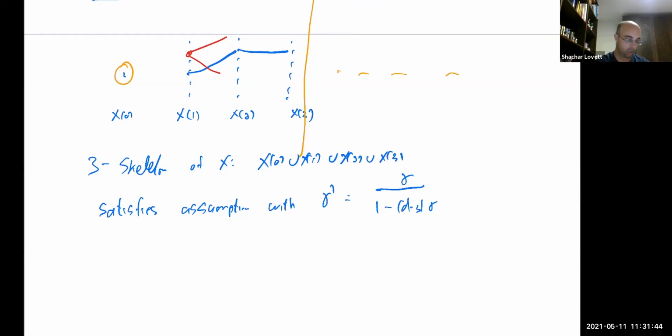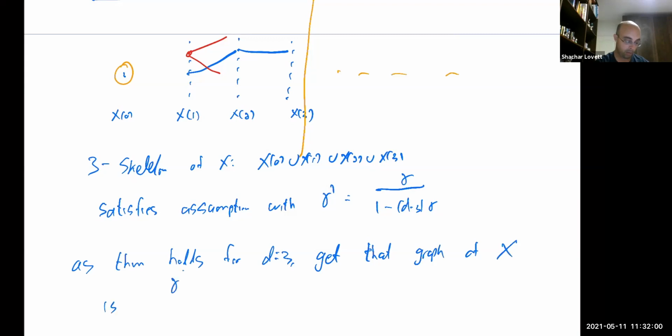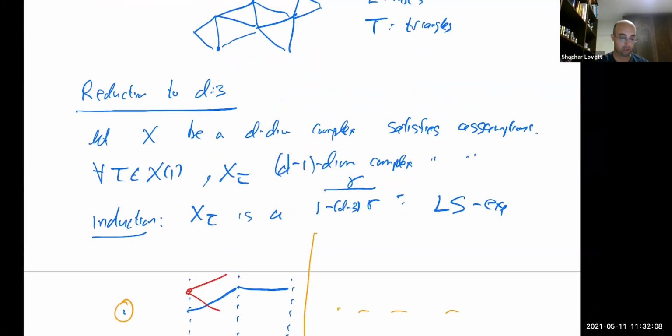So as the theorem holds for d equal to 3, we get that the graph of x is a gamma prime over 1 minus gamma prime expander.